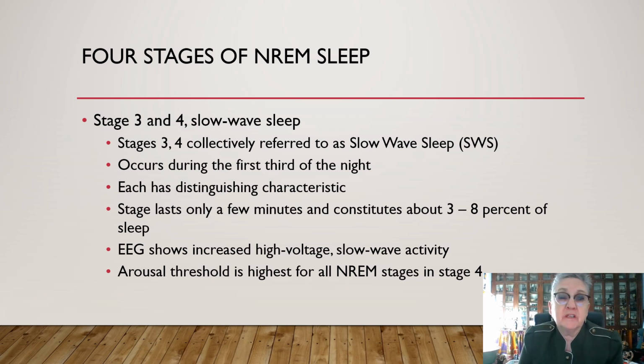It has very distinct characteristics. The EEG shows higher voltage, slow wave activity. The arousal threshold is the highest for all the non-REM stages in stage 4. And the stage lasts only a few minutes and constitutes 3 to 8% of total sleep.